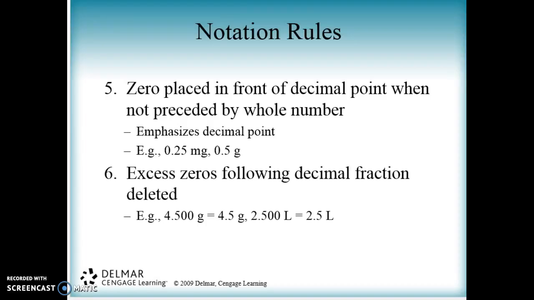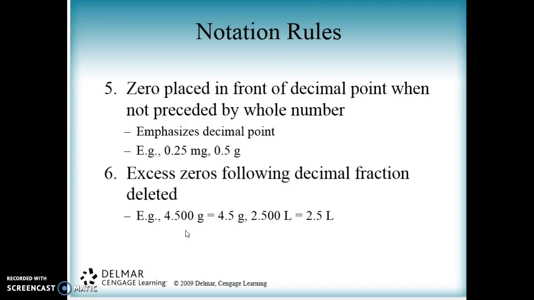We don't put excess zeros after the decimal. So this is a good example right here. Notice how it says 4.5 and then there's 2 zeros. Those 2 zeros would drop off because, again, we don't want to mistake that decimal point for something other than a decimal point. So getting rid of those excess zeros is always very important.